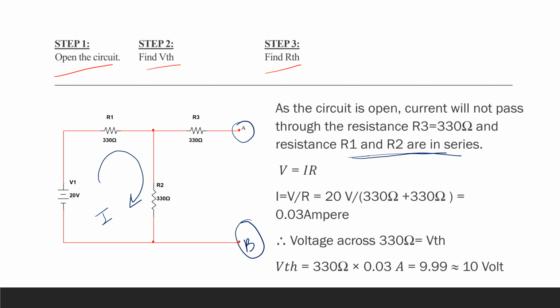We already know the formula: voltage is equal to IR, so current is equal to V divided by R. For this loop, the voltage source is 20 volt, then R1 330 ohm, R2 330 ohm. Answer is 0.03 ampere.